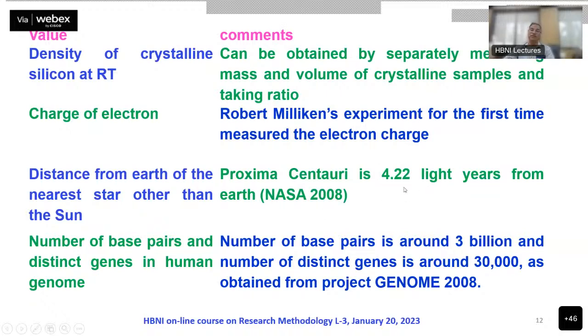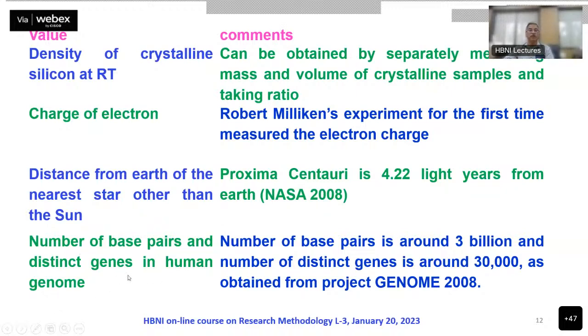But I believe that these are very accurately, rather very precisely measured. So accuracy and precision are two aspects of a measurement that will be taught in the next part.